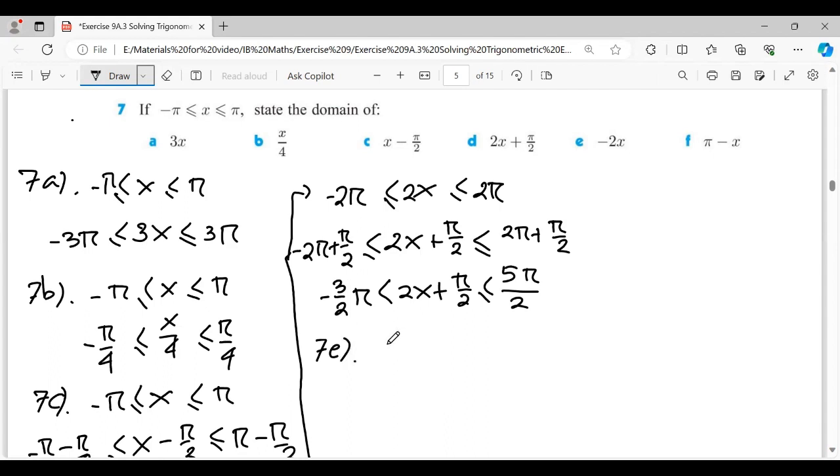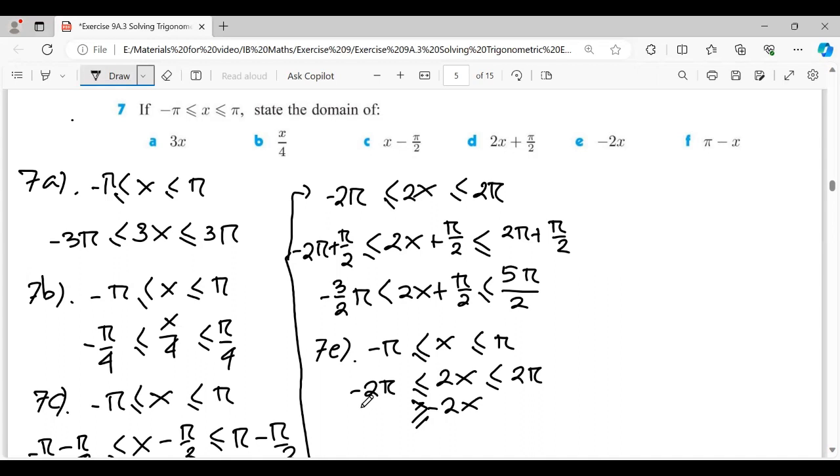7e. If x interval negative pi to pi, 2x, negative pi times 2, negative 2 pi. Pi times 2 as well, 2 pi. If negative 2x, we have to change the direction.